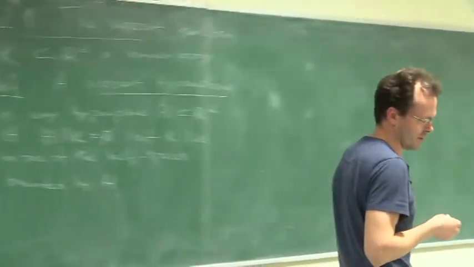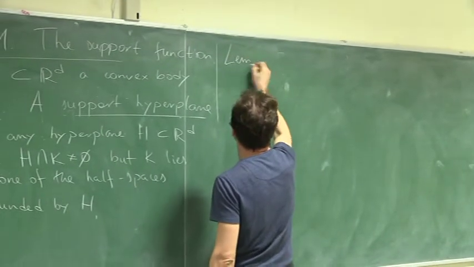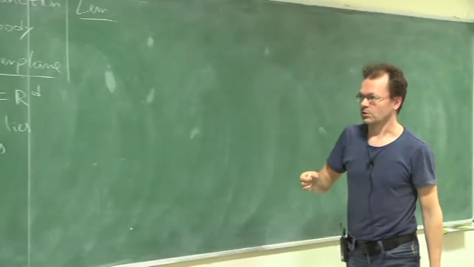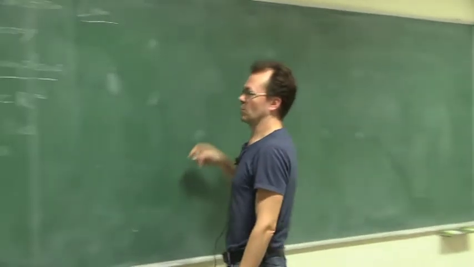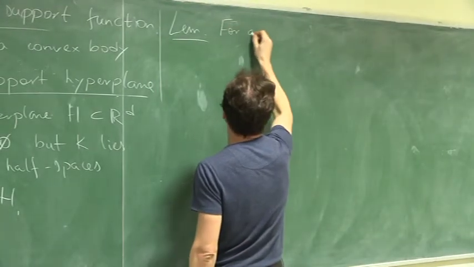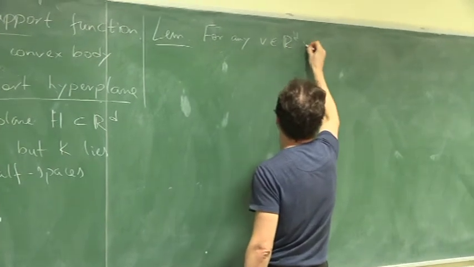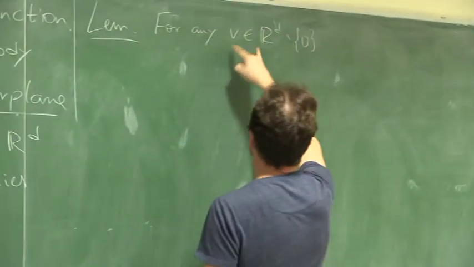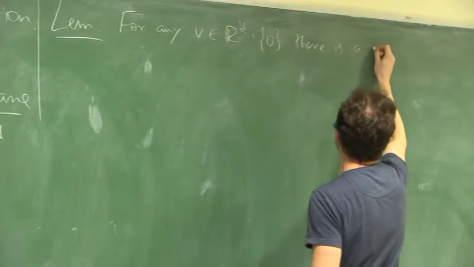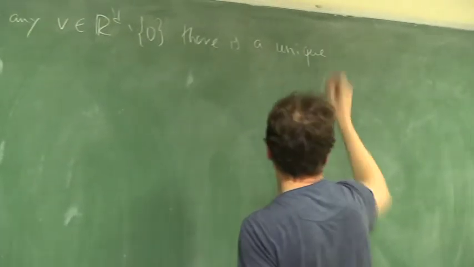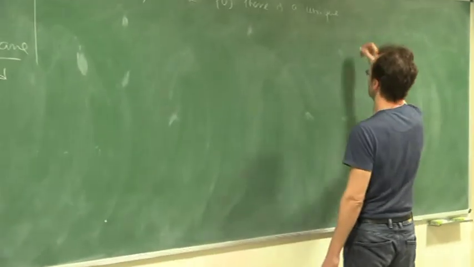Good. Then the following is a simple lemma. One can find a support hyperplane with any direction. So for any vector v in R^d, but I need to take out the 0. For any non-zero vector, there is a unique support hyperplane with the outward normal v.